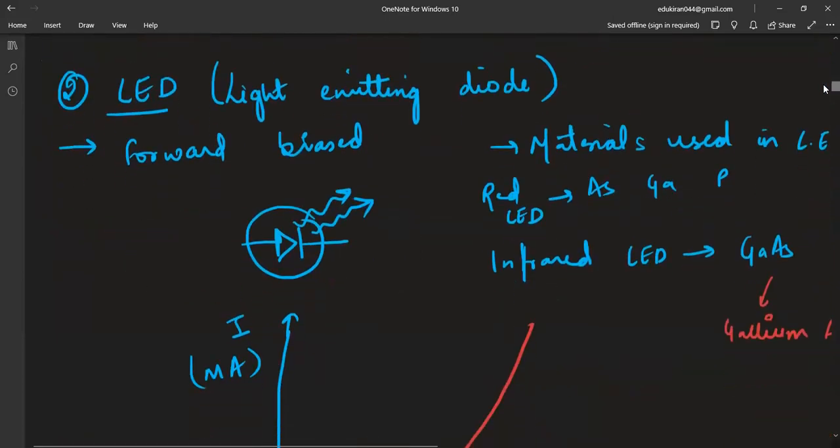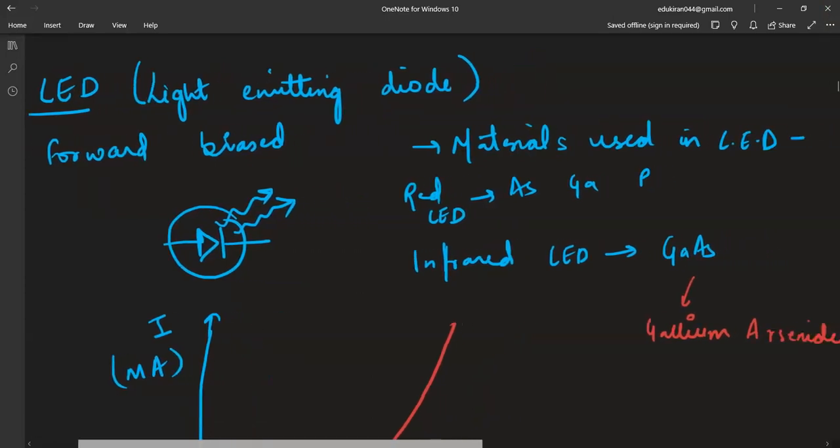Second, you have the concept of LEDs. LEDs are similar to photodiodes because again the concept of light is used, but you have to remember that this is used in forward biasing. This is connected in forward biasing. Now you have to remember certain materials regarding LEDs. LED stands for light emitting diode.